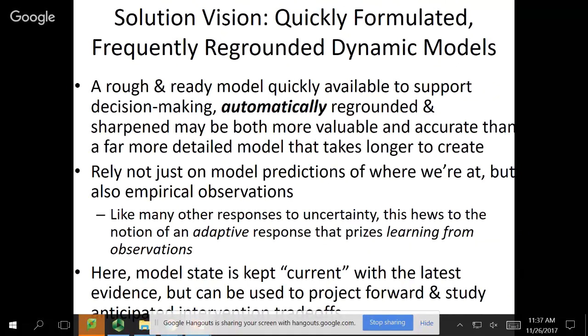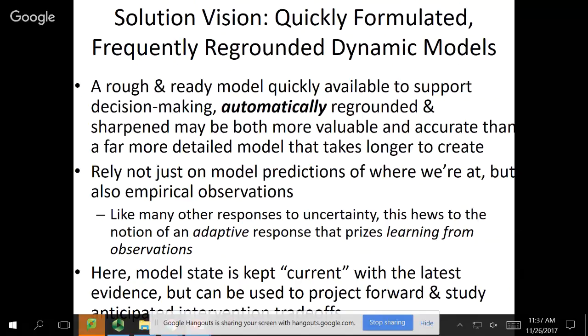But they're automatically regrounded when new data becomes available to sharpen their understanding of the current situation and sharpen our understanding of values of certain changing parameters. And here we don't just rely on model predictions about where we're at based on a baseline starting point for the model a year ago, and project forward to where we are now and project forward further.